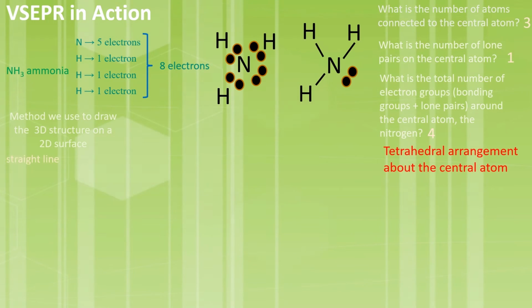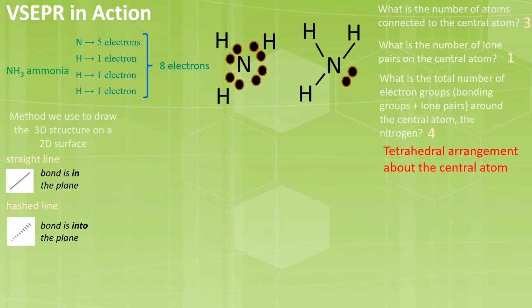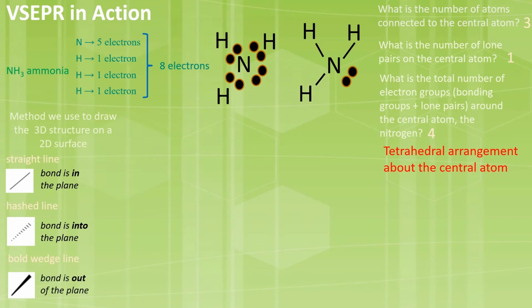So if we see a straight line, like the one shown, then the bond and the atoms associated with it are in the plane of the paper. And if we see a hashed line, then the bond is going into the plane of the paper, and so we infer that the atom and the bond are behind the paper. And if we see a bold wedge line, then the bond is coming out at us, out of the plane of the paper, sitting above the paper.